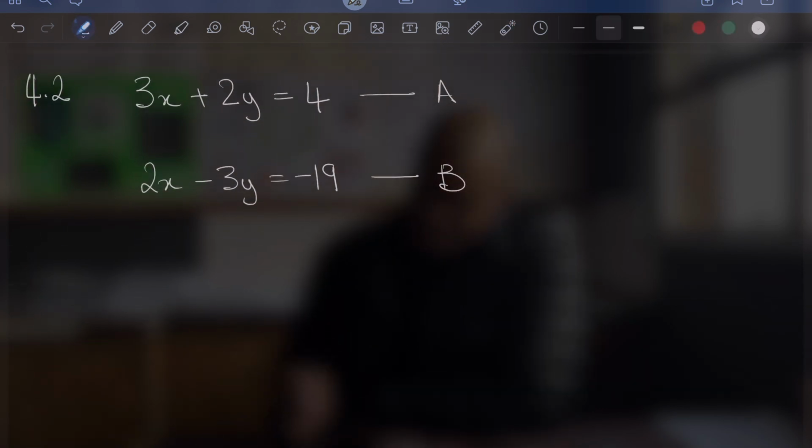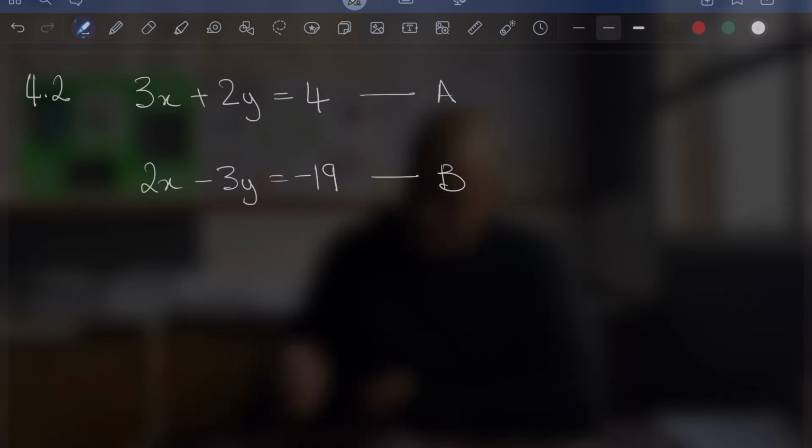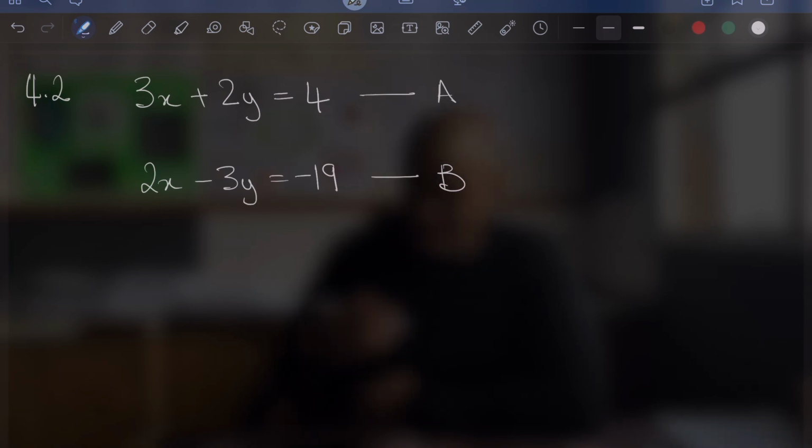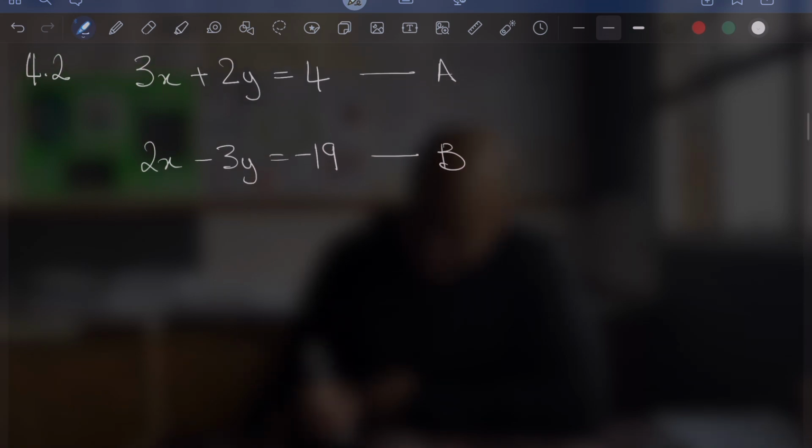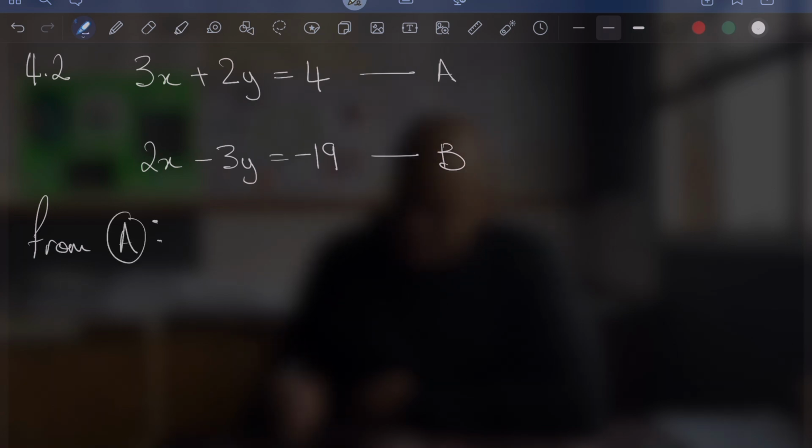So I've got the same equations here, equation A and B. From these two equations, I'm going to select equation A and write either the x or y variable in terms of the other variable and everything else in that equation. Let's write from A: I'm going to choose y as my variable, in terms of x.